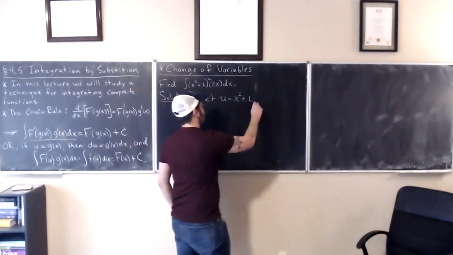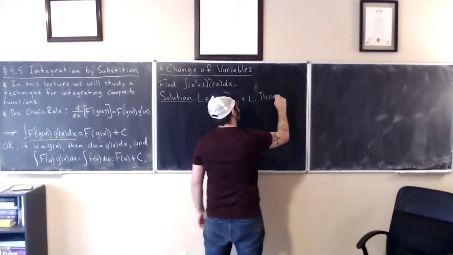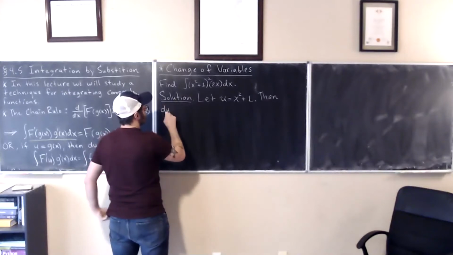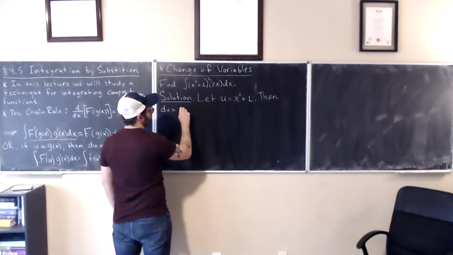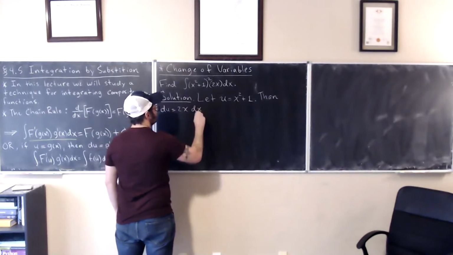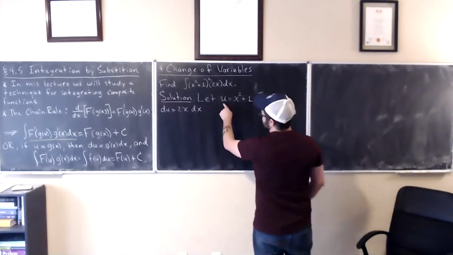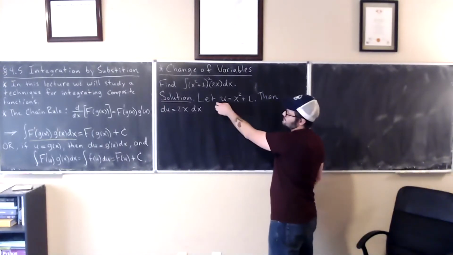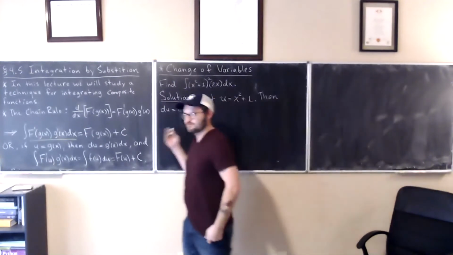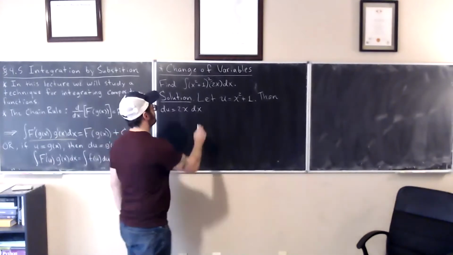If that's u, then du is equal to 2x dx. If we treat u as a function of x, because it is, and do du over dx, it's equal to 2x. Then if you multiply both sides by dx, you get that du is equal to 2x dx.